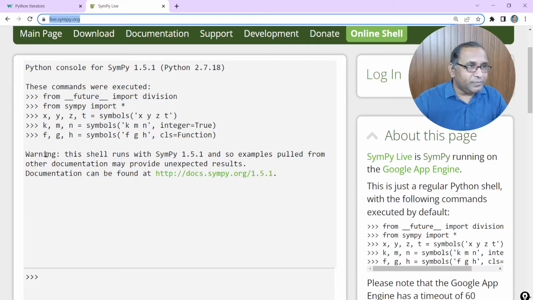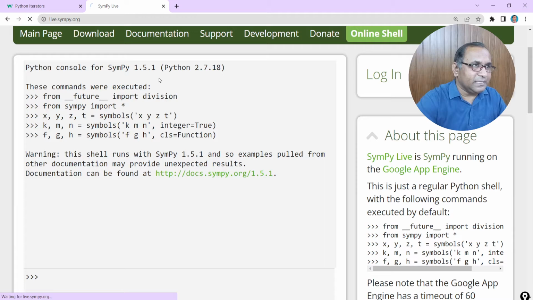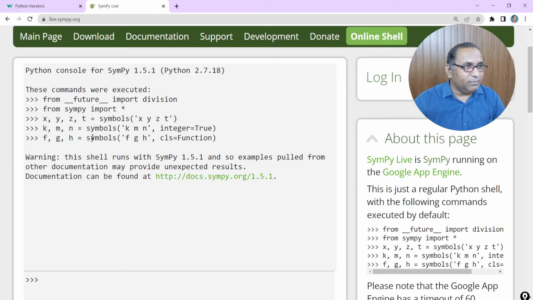First, you need to open the live mode of Sympy, and the URL for the same is live.sympy.org. You can see carefully, and when you press enter, we have Sympy in live mode.